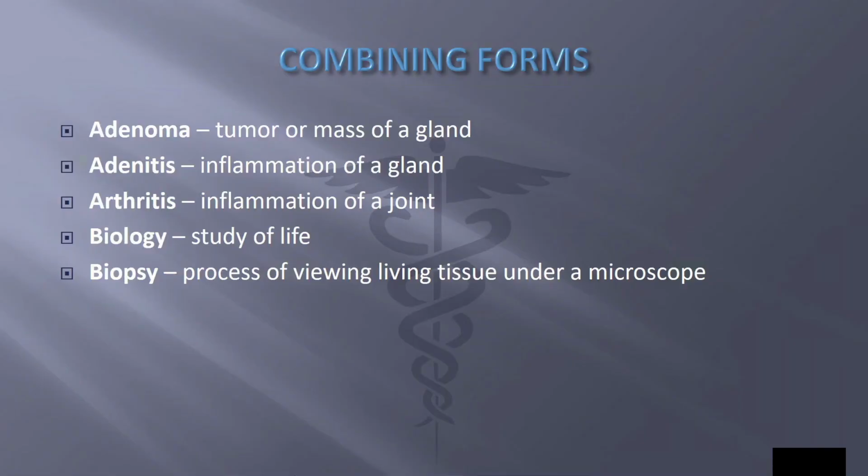Then we have the combining form of bio, and this means life. The term biology tells us logi means the study of, so biology is the study of life. Biopsy tells us opsy means the process of viewing. So biopsy is process of viewing living tissue under a microscope.